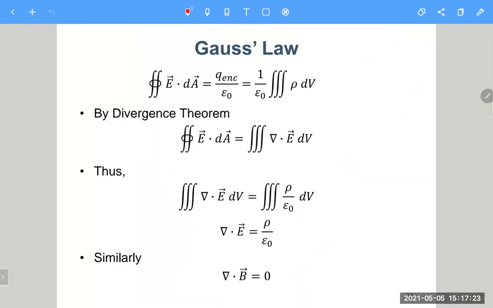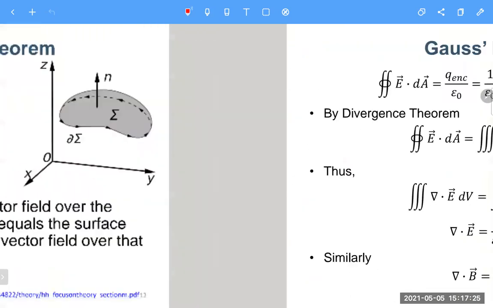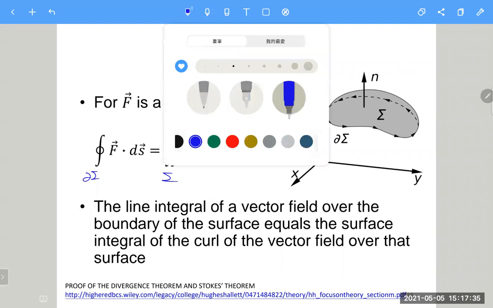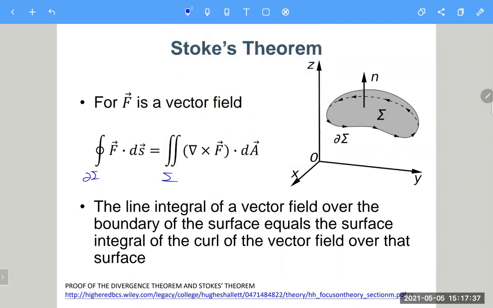Over the surface, you try to see whether the vector field is rotating at all the points.